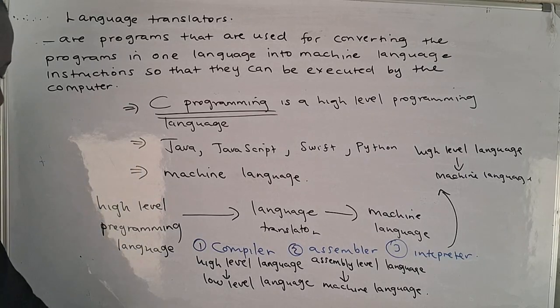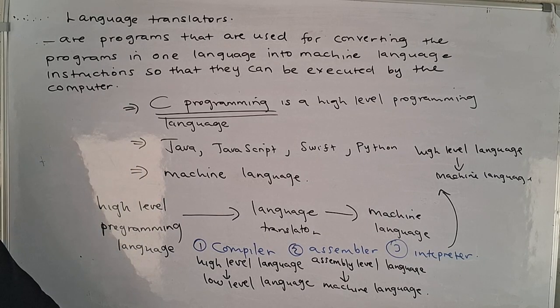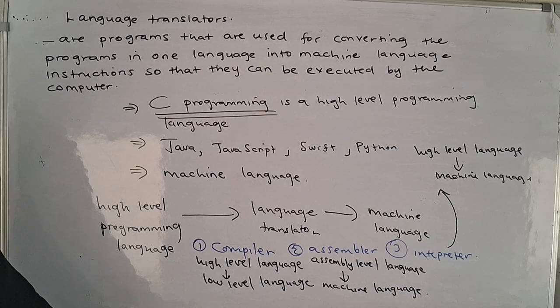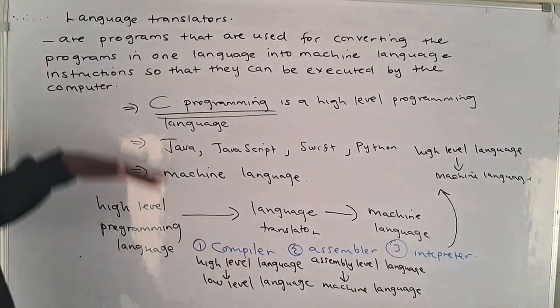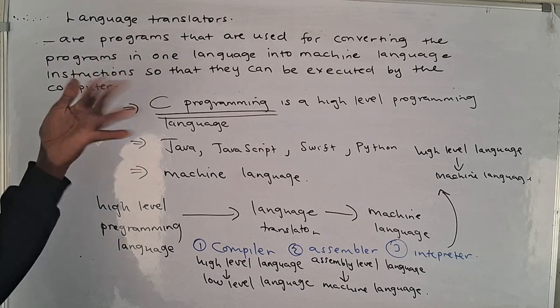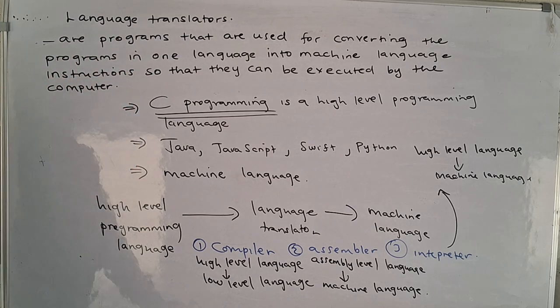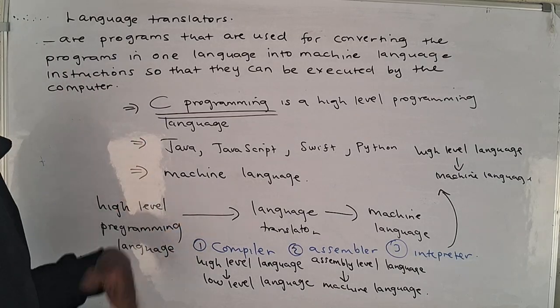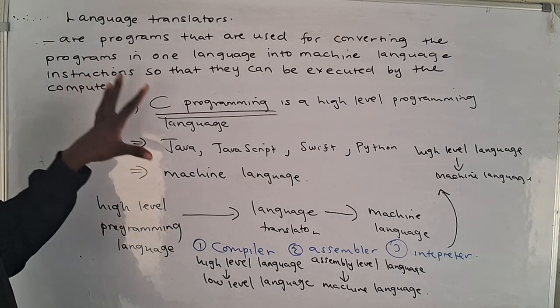The compiler is used to compile an entire program, and an executable program is generated through the object program. The compiler will go through the whole program, through all the statements in the program. Let's say there is an error in the program.